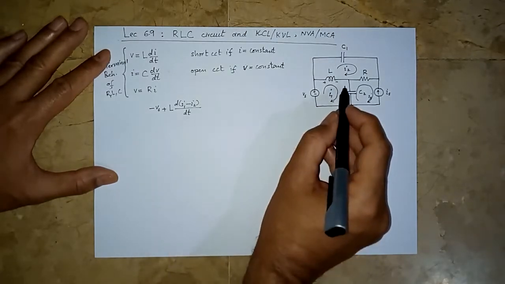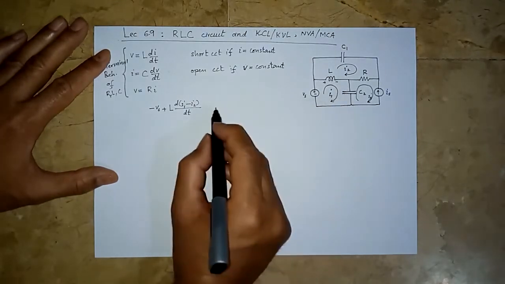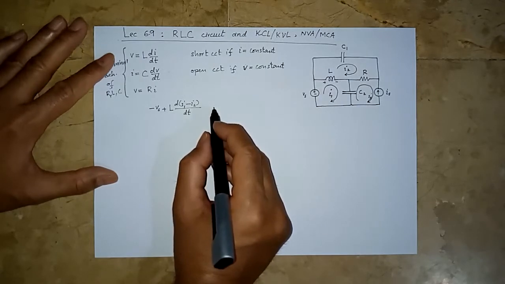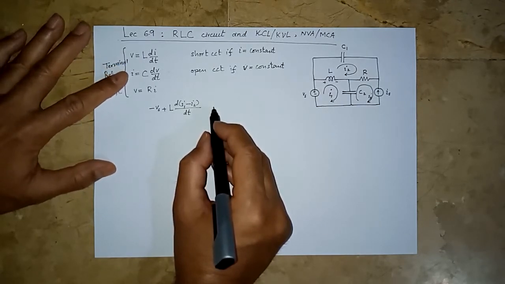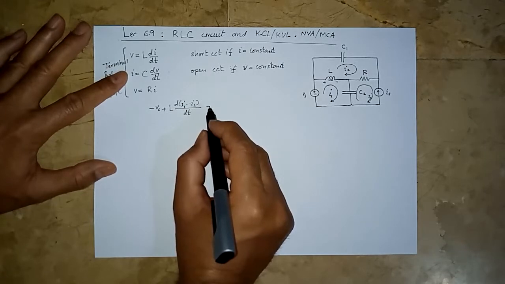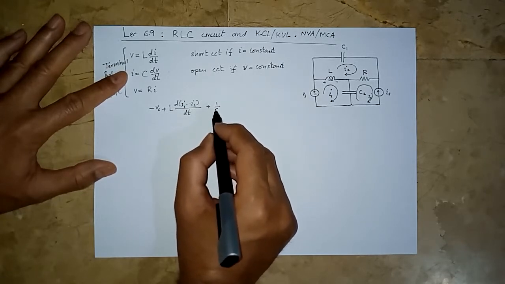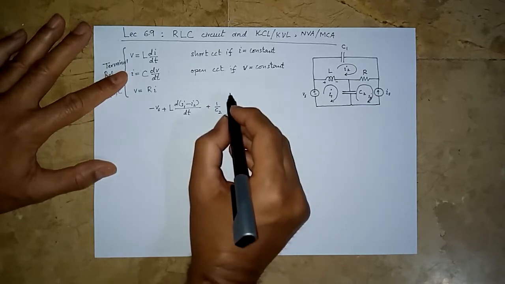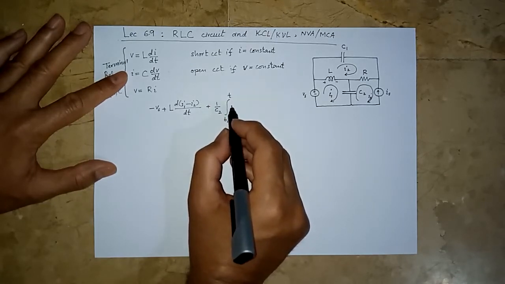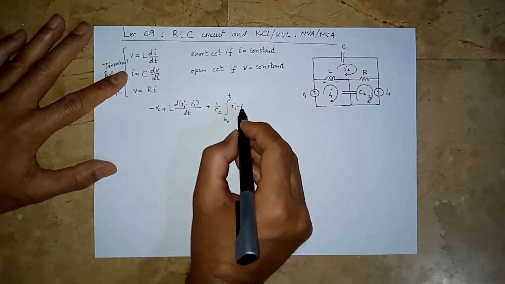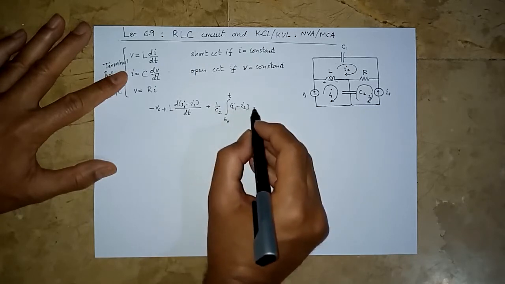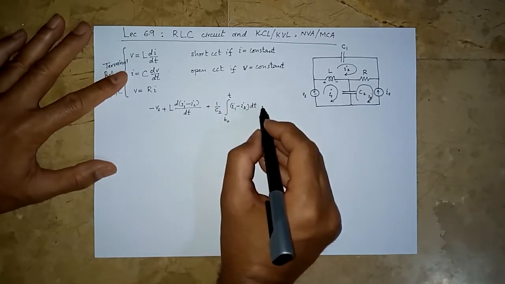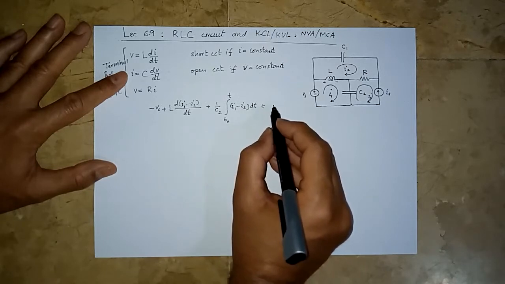And now here we come across this capacitor, and the voltage across a capacitor is not defined by this expression. Instead, it is defined by plus 1 over C2 integral from T naught to T of I1 minus I3, which is the current through the capacitor, plus the voltage across the capacitor.